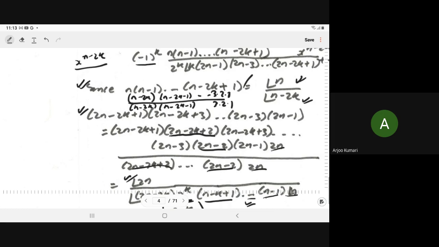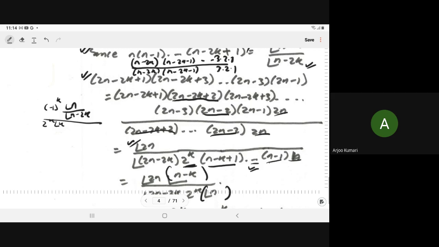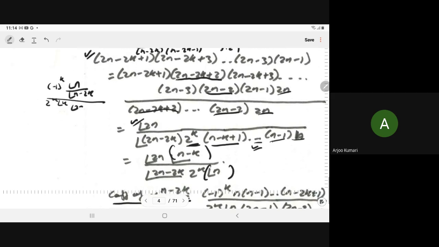That can be written as factorial n upon factorial of (n-2k), and here we have (-1)^k, and upon, in the denominator we have 2^k, factorial k, and this (2n-1)(2n-3)...(2n-2k+1) can be written as factorial of 2n, factorial of (n-k), (2n-2k), 2^k, and factorial n.